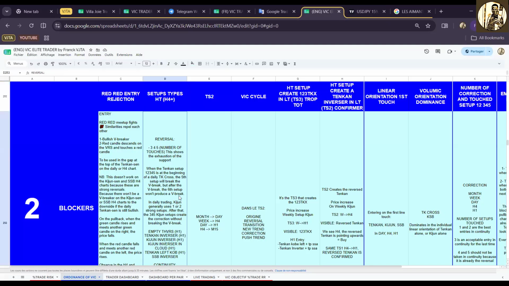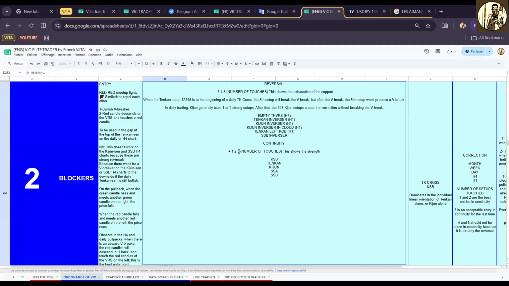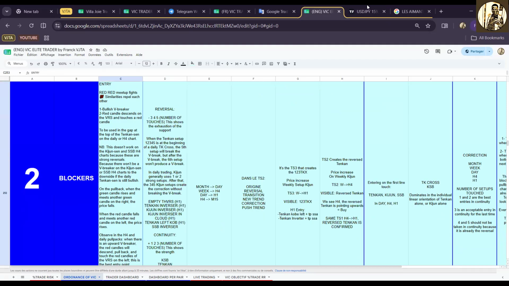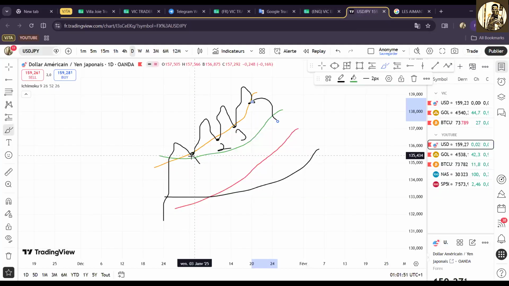That's what I'm talking about. The number of touches for the upside shows the strength for the buy. So you can buy here the first three. But from the fourth touch of Tenkan, it can rise to the upside, right? But it may not rise too high.